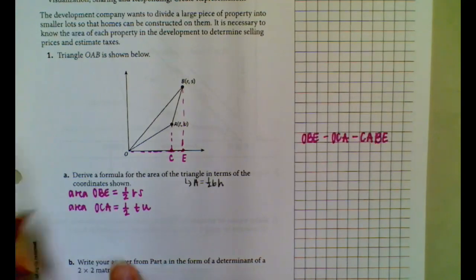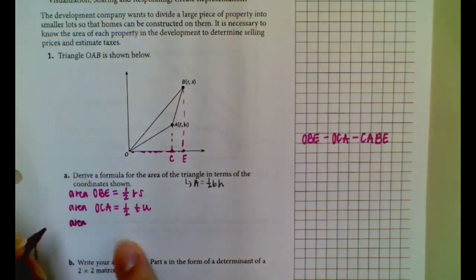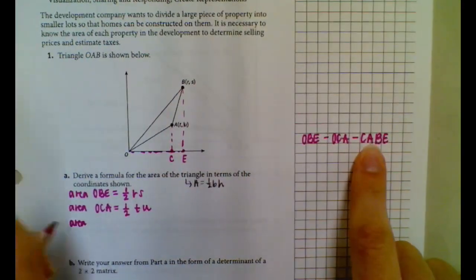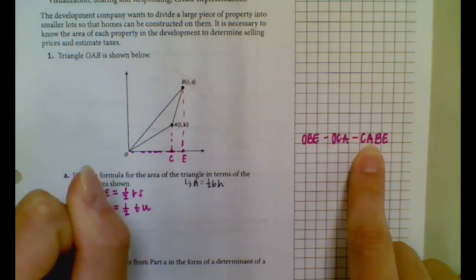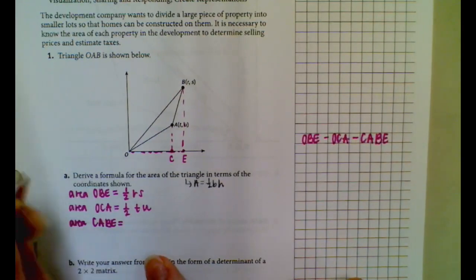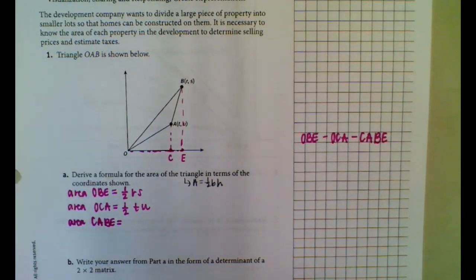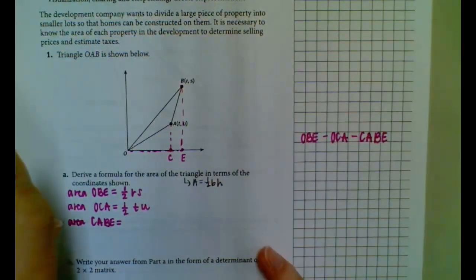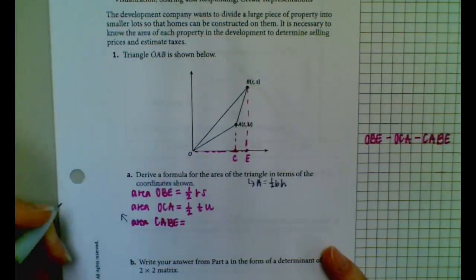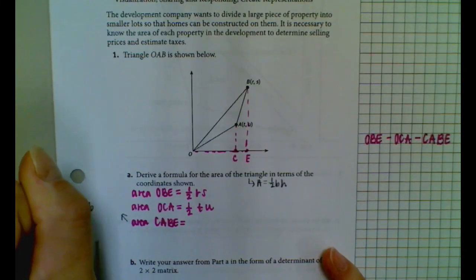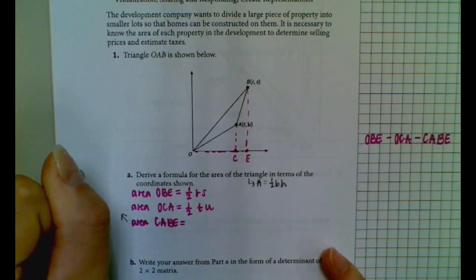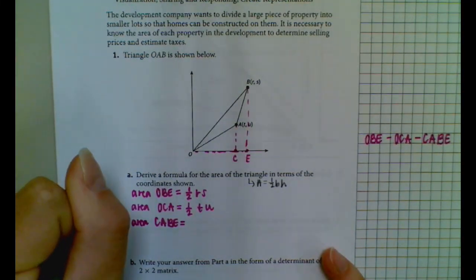Now I need to find the area of that quadrilateral, CABE. If you forgot, the area of a quadrilateral, I'm going to write it off to the side, is A equals a half the base times height 1 plus height 2.